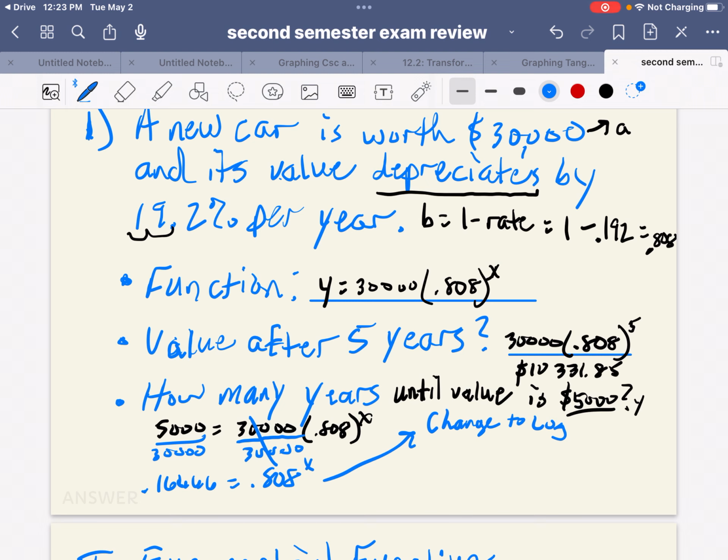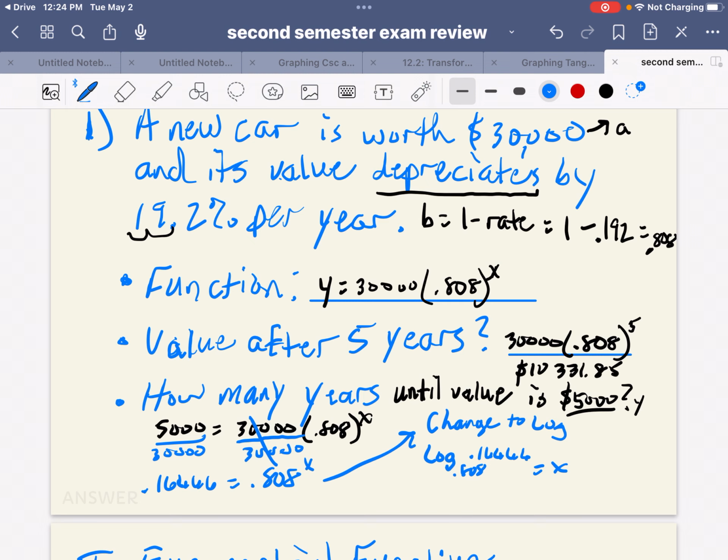Well, 0.16666 equals 0.808 to the x changes to logarithm with a base of 0.808 of 0.16666 will give the value of x. So I grab my calculator and I just ask it to do the logarithm for me. And remember, on your TI Inspire, you just find the log button, which is over there to the left above the 10 to the x button.